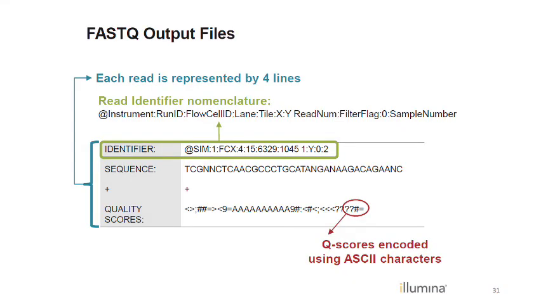During data analysis, the DNA sequence is converted to a FASTQ file. FASTQ files consist of 4 lines. The first line is an identifier. Typically, the identifier includes the instrument and the flow cell, as well as the location of the sample and possibly the sample accession number. The second line is the sequence.